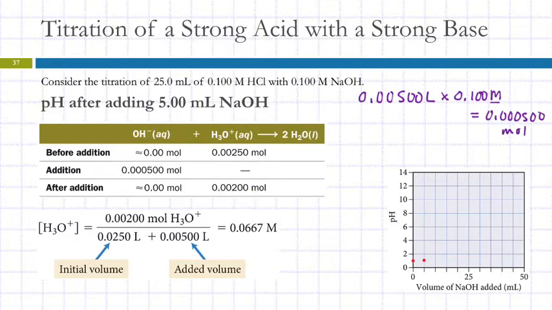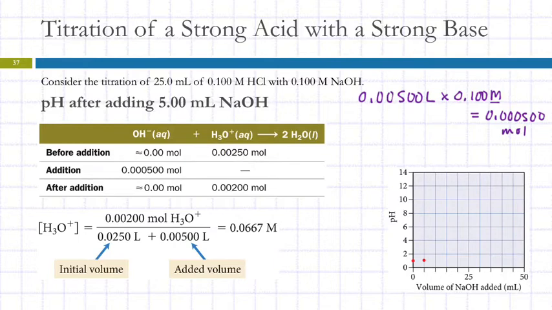We can't just plug 0.002 into the pH equation. We need the concentration. The volume of the solution has changed because we added 5 milliliters to it. So our initial volume was 25 milliliters. We added 5 milliliters. So we have to use our new volume when we calculate the concentration of hydronium ion.